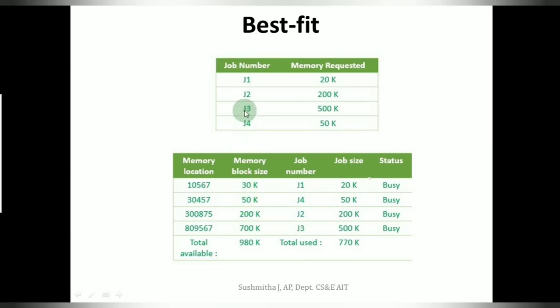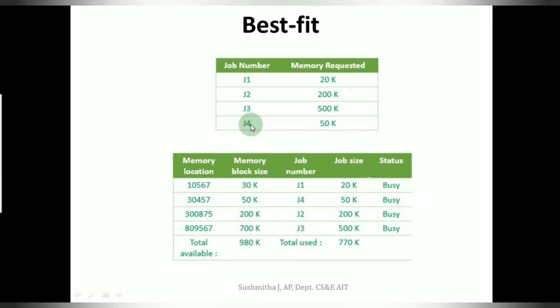Then we have job 3 with the memory request of 500 KB. Again, it cannot fit the first one, the second one or the third one. The only option that it has is the last one, which will accommodate job 3.